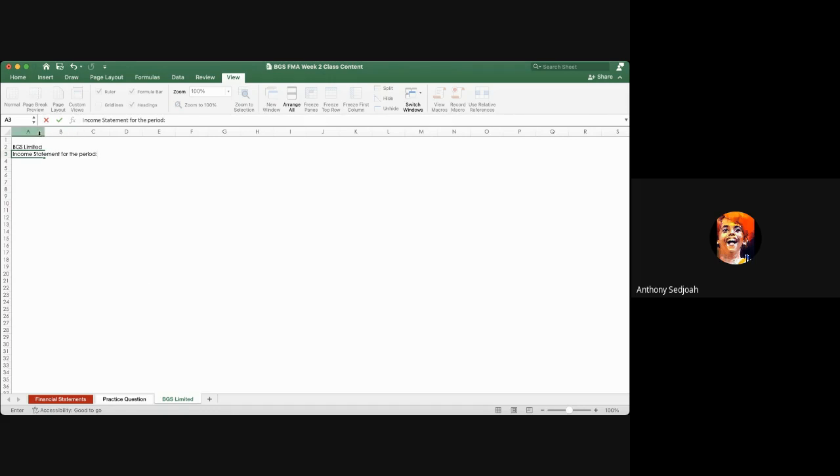So BGS Limited income statement for the period, then I'll bring a colon. Then January, then March. Because it's just 3 months, I'll just type everything there manually.